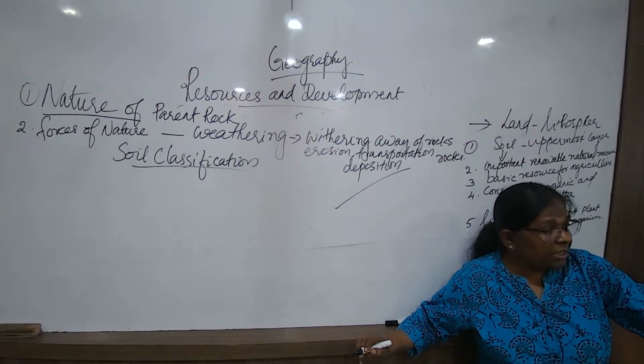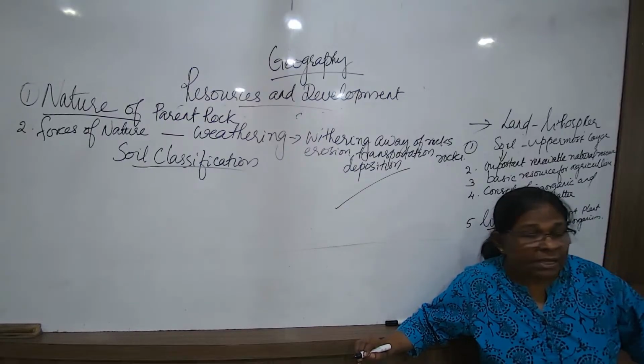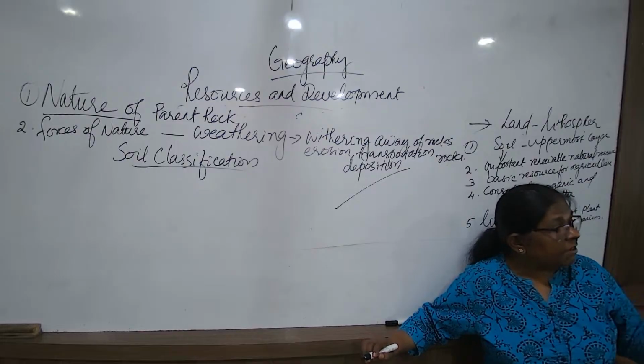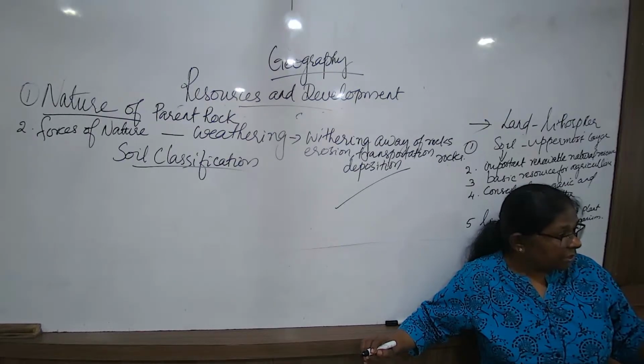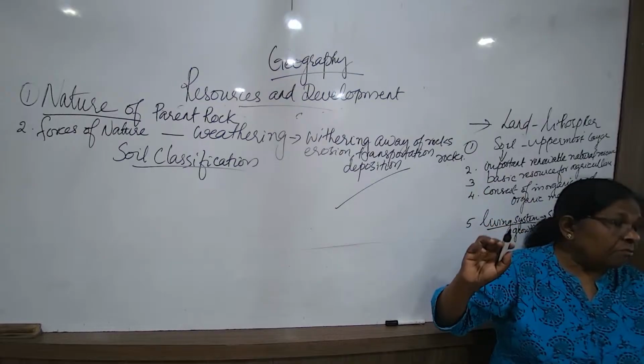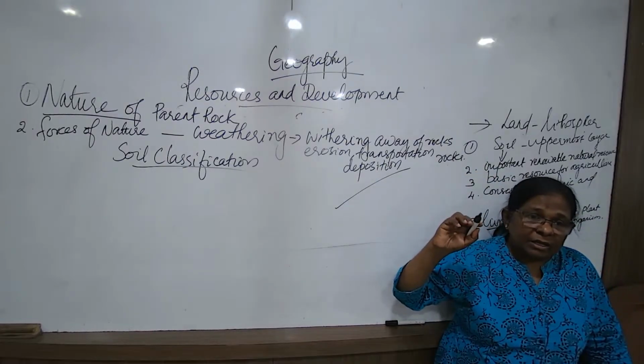Rajasthan is having arid soil, Gujarat is having black soil. Understood? So you just think about the valleys of Ganga, Brahmaputra and Indus.